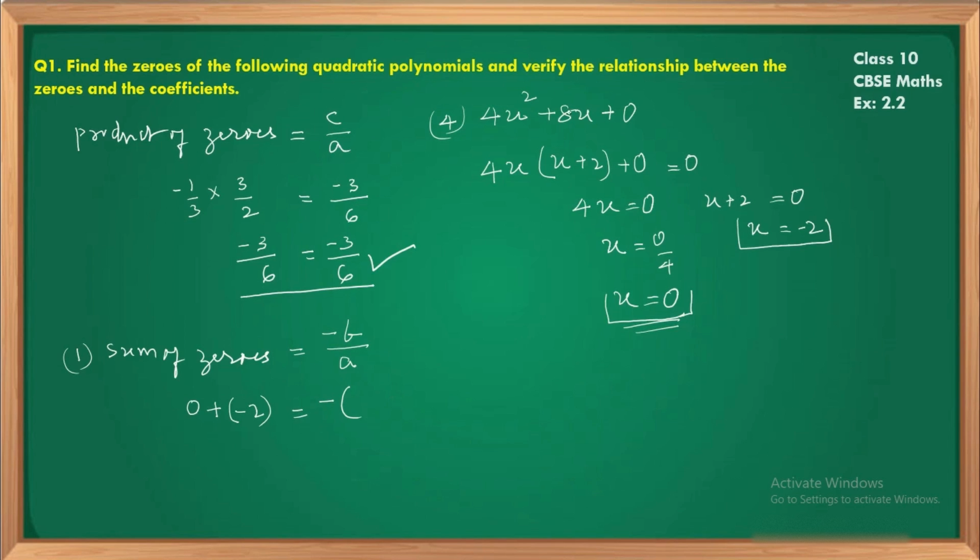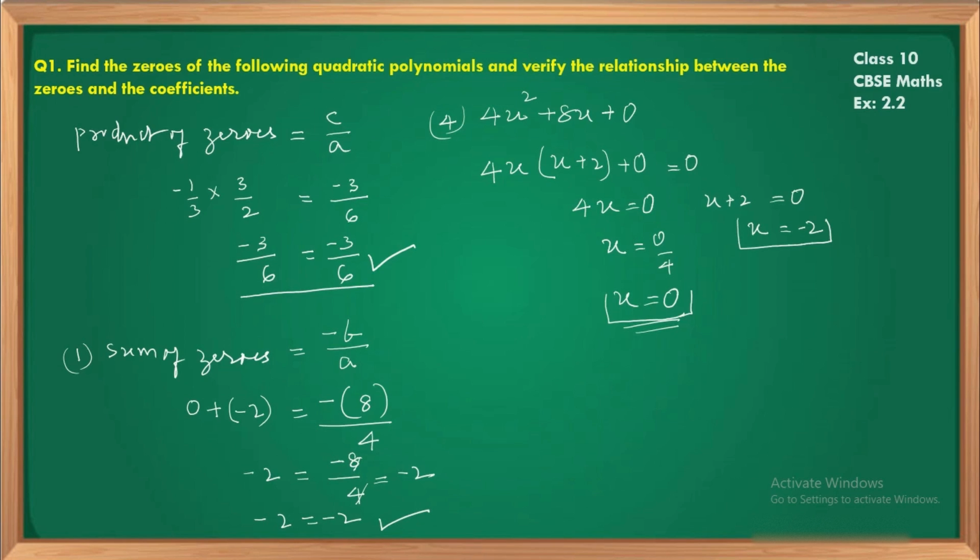What is b? b is the coefficient of u, that is 8. And in the denominator you have a. a is nothing but the coefficient of u square, that is 4. Now plus into minus is minus 2, equals minus 8 by 4, which will give you minus 2. So you get minus 2 in the LHS and minus 2 in the RHS. This is how you can verify sum of zeros.